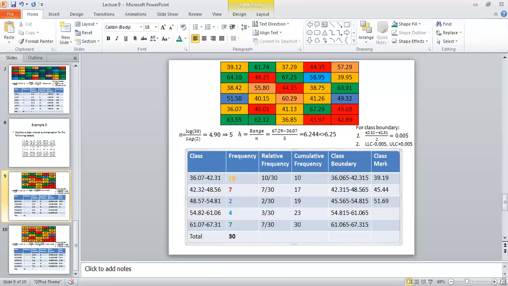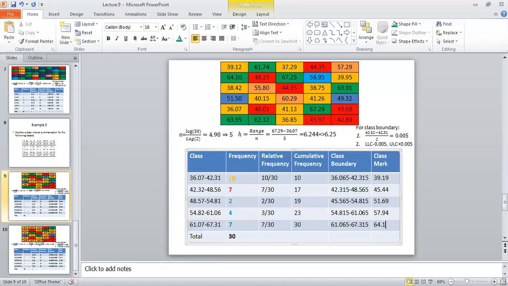Then we have 54.82 plus 61.06 divided by 2, and we get 57.94. And lastly, for the last class, 61.07 plus 67.31 divided by 2, we get 64.19.